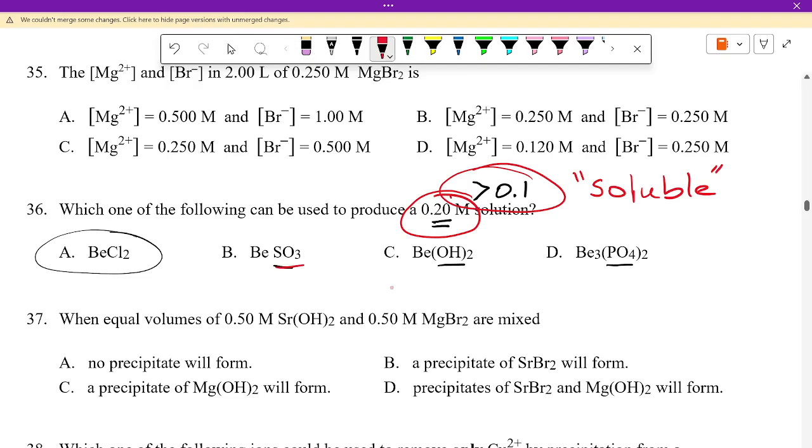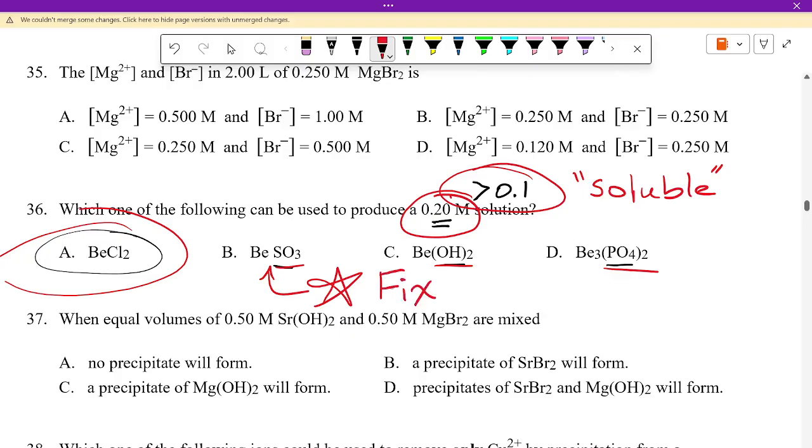Things that are near the bottom of the chart tend to be less soluble. Beryllium chloride is up near the top, and you can look it up, and beryllium does not precipitate with chloride, but it does precipitate with sulfite. And I need to fix that because there's a space, but you don't need to worry about that because it's just a grammar error.